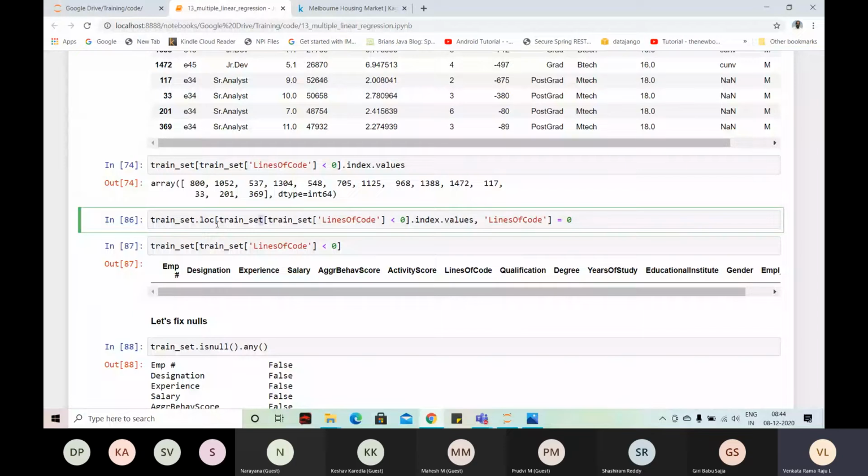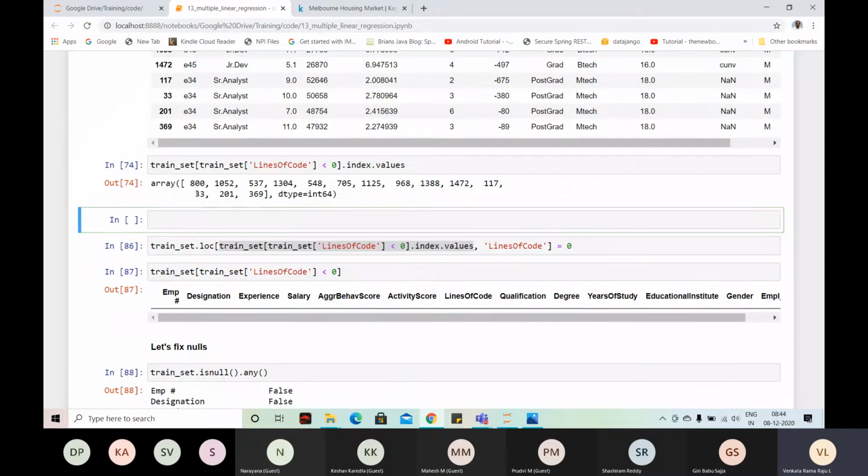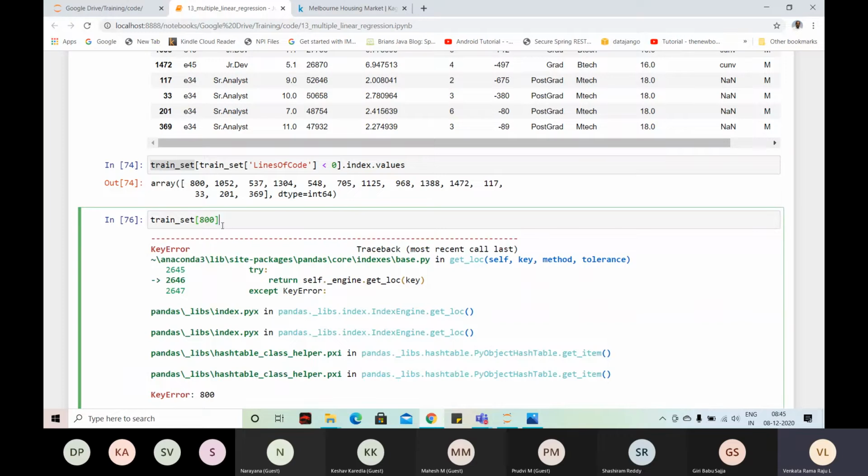Okay, so here you need to use LOC and manipulate it. Okay, this is not working. Previously, it used to work in the old versions, right? On a data frame, if you passed the row index, it used to give you that row.